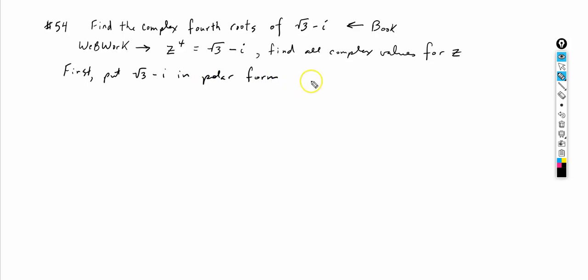In that video, we showed that it was equal to 2 times cis of 11 pi over 6, where cis is the shorthand for cosine of 11 pi over 6 plus i times sine of 11 pi over 6. So that's in a previous video.